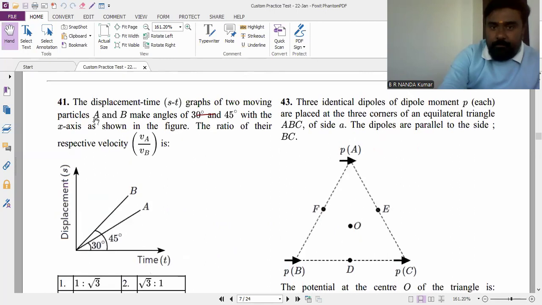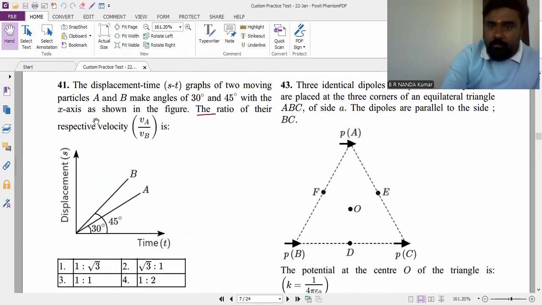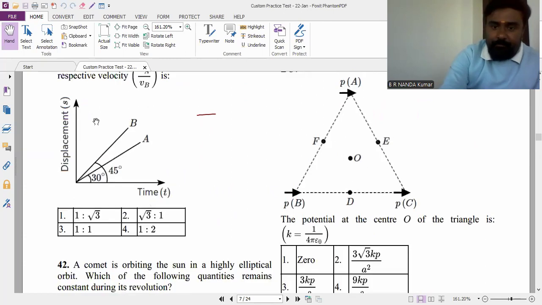Next question, number 43. Three identical dipoles of dipole moment P are placed at three corners of equilateral triangle ABC of side a. The dipoles are parallel to side BC. So you see, it is very simple. Potential V is equal to 1 by 4 pi epsilon naught, P vector dot R vector, that is P R cos theta divided by R cube.